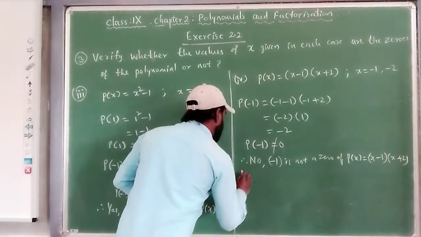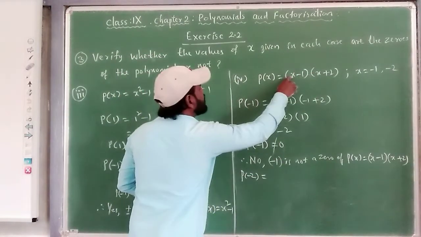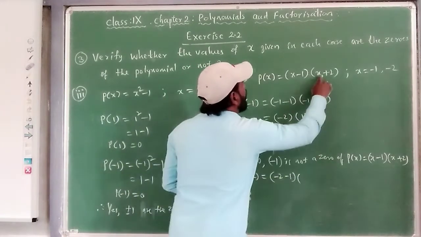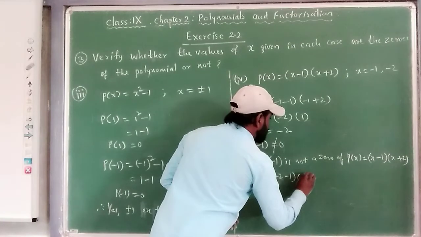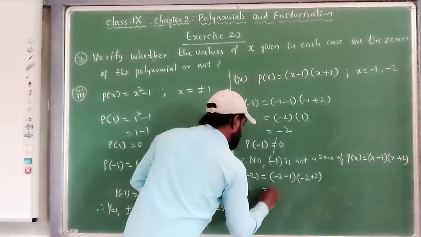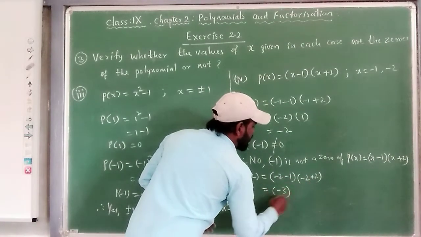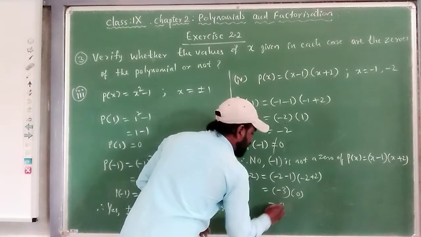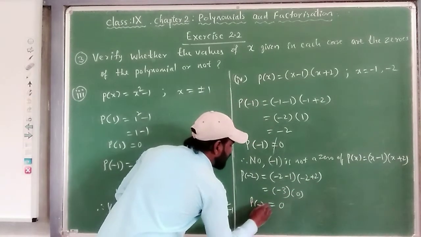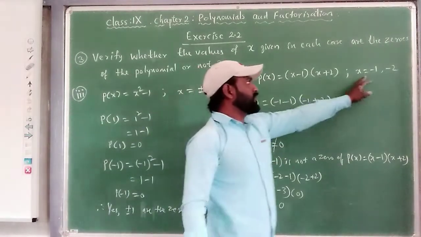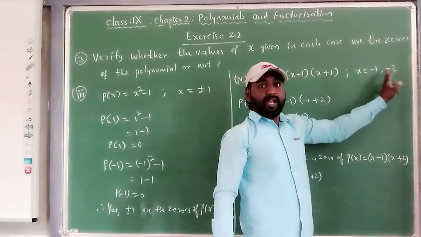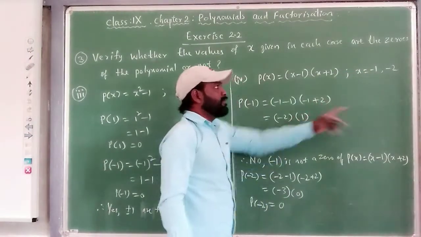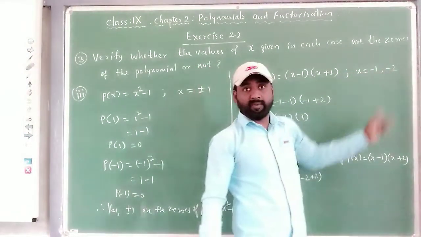So P of minus 2. The polynomial is x minus 1, that means minus 2 minus 1, and again minus 2 plus 2. Minus 2 minus 1 is minus 3. Minus 2 plus 2 is 0. 0 into anything is 0. Yes, we got P of minus 2 is equal to 0. At x is equal to minus 1, the polynomial value is not equal to 0, but at x is equal to minus 2, the polynomial becomes 0.